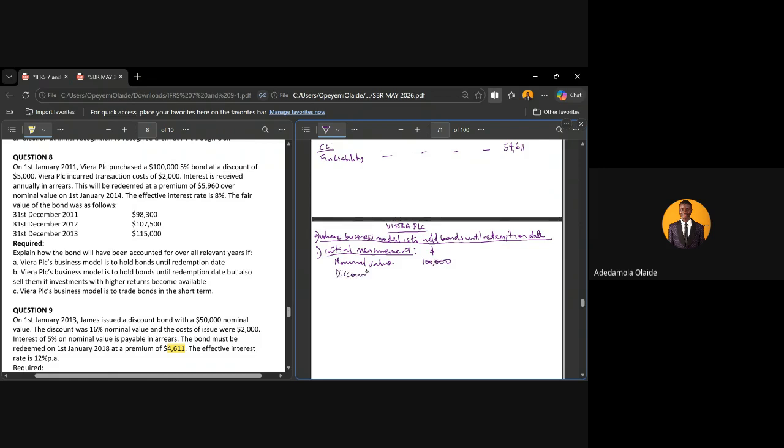Discount: 5% of $100,000, that will be 5,000. The discount will be used to reduce the cost. Then transaction cost. We have said that transaction cost should be added. So we had transaction cost of 2,000, and that will make how much? 97,000.